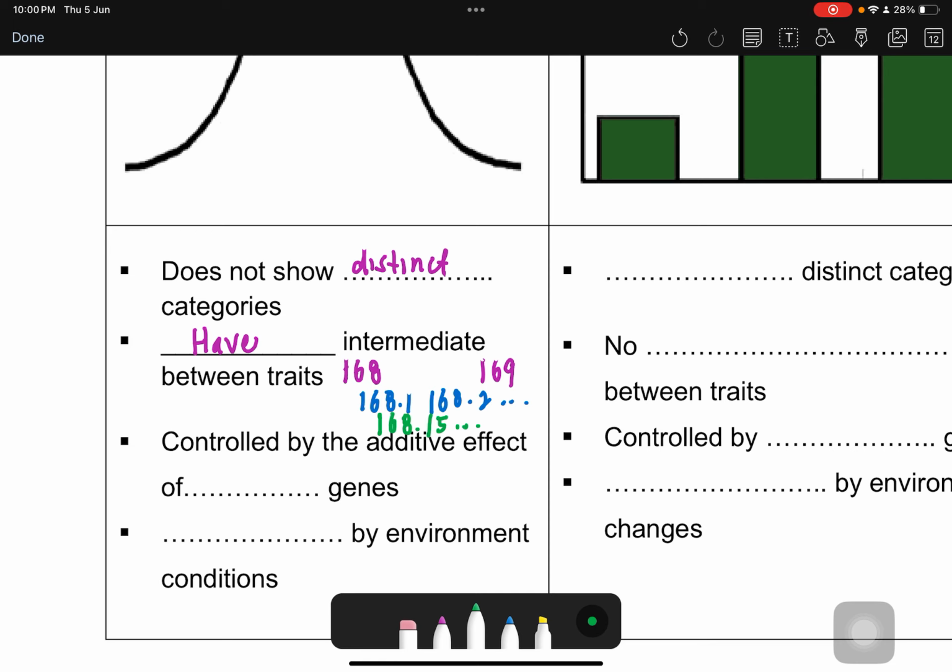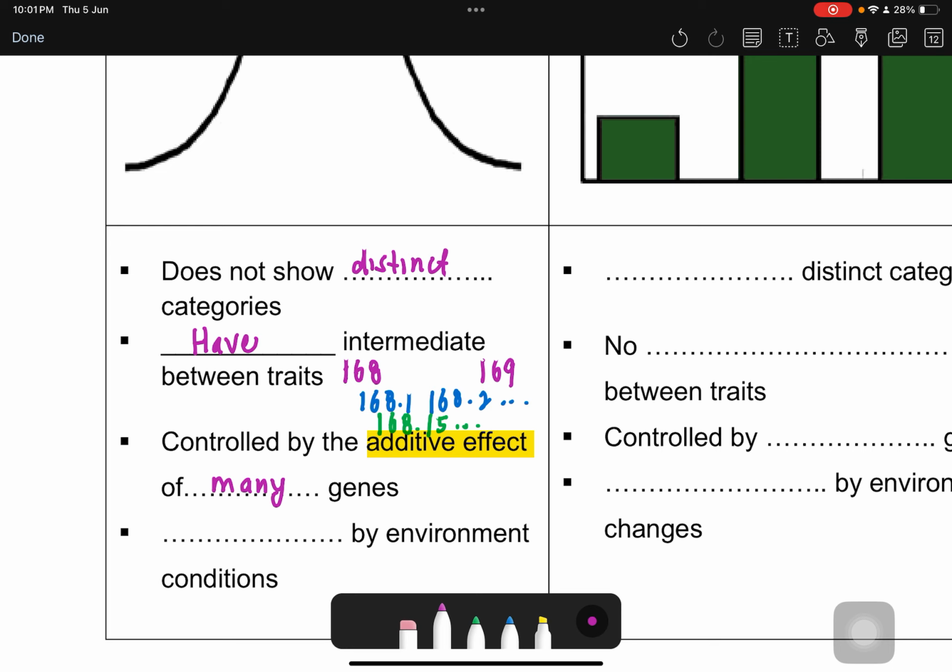So there are intermediates between the trait, and this is controlled by the additive effect of many different genes combined. So for example, height is due to the additive effect of many different genes involved that controls how tall a particular person is.